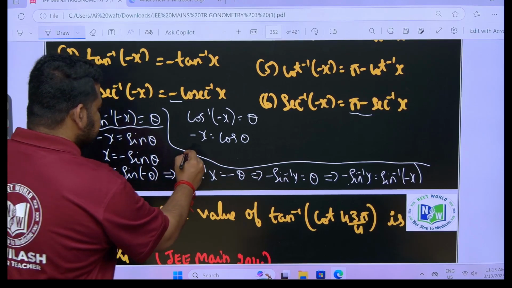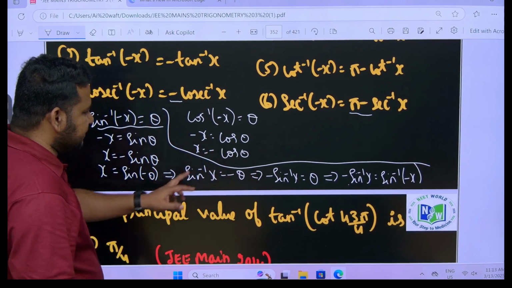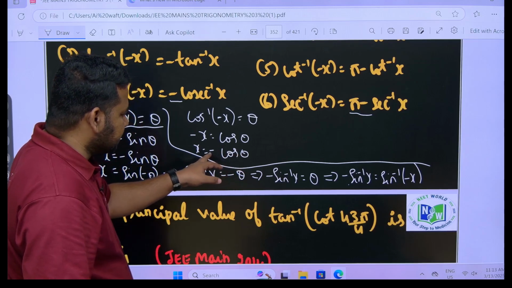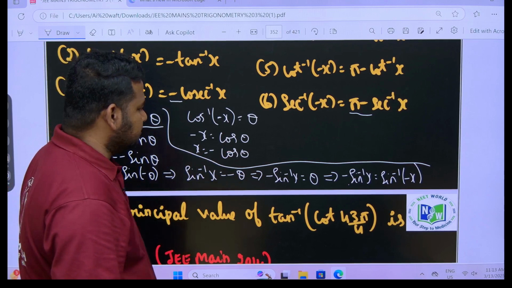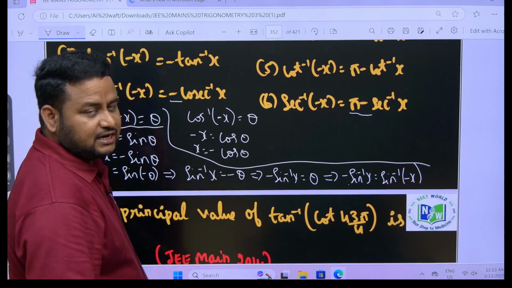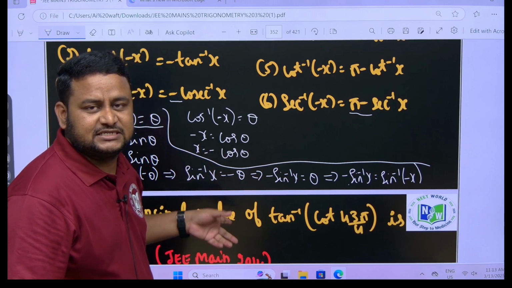Now if I send the minus inside, x is equal to minus cos theta, it will become just positive cos theta. But if I have to get minus cos theta, it should be written as cos of pi minus theta, because cos of pi minus theta is minus cos theta.